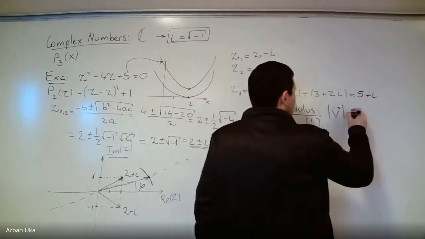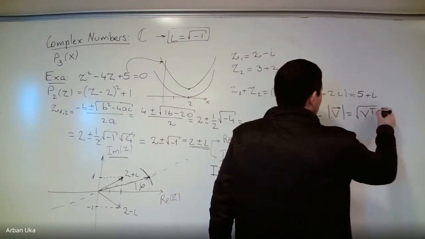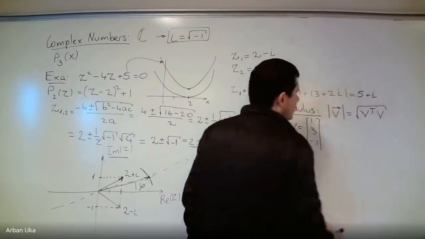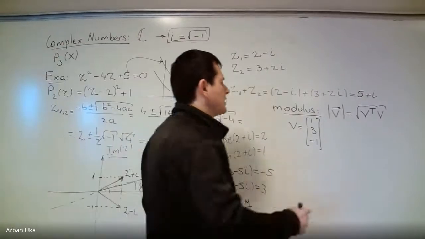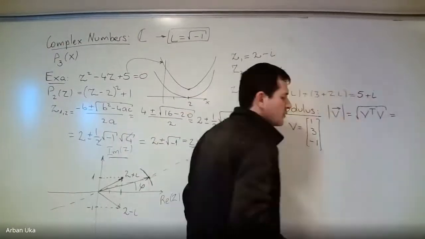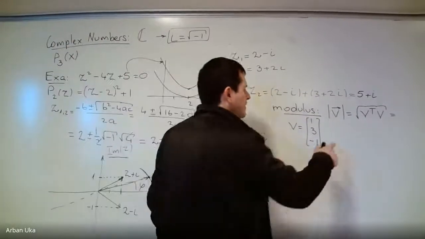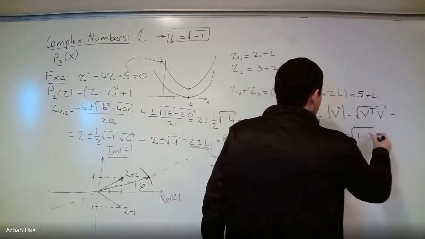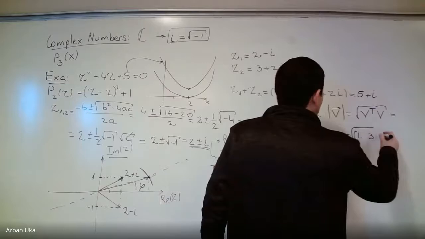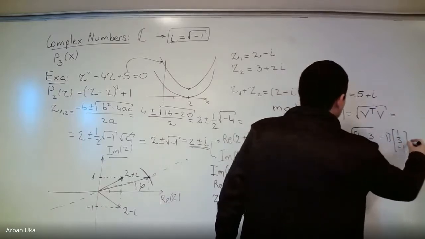And how did we define the magnitude? We defined it in class: the square root of v transpose times v. This is how we wrote it before. We're talking about vectors just for a few moments. What is v transpose? v transpose is (1, 3, -1) multiplied by (1, 3, -1) again.